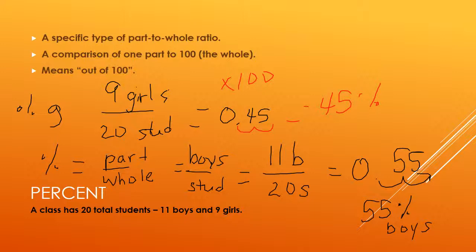So in this class, there are 11 boys out of 20 students. If I were to divide those, I would get 0.55, which I know by moving my decimal point 2 places to the right is going to give me 55% boys. Okay. So that would be another way that we could compare different quantities.